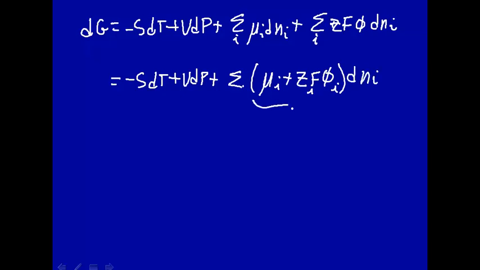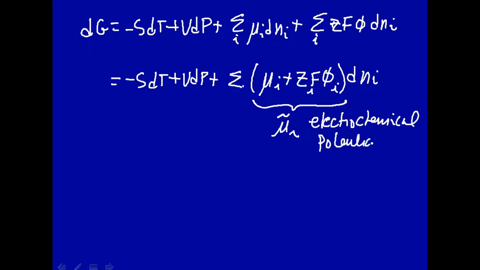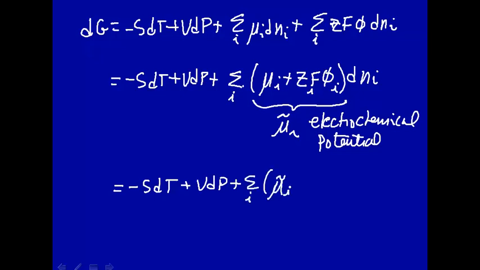And let's call this by a different symbol. We'll call this mu i with a tilde above it, and we'll call this the electrochemical potential. So written with that new notation, it is minus S dT plus V dP plus the sum over i of the electrochemical potential of i, dNi.